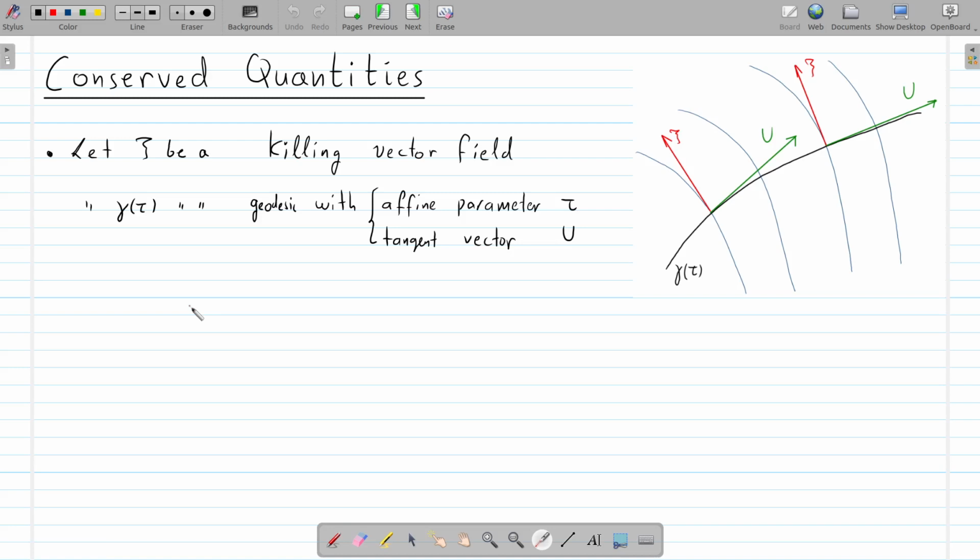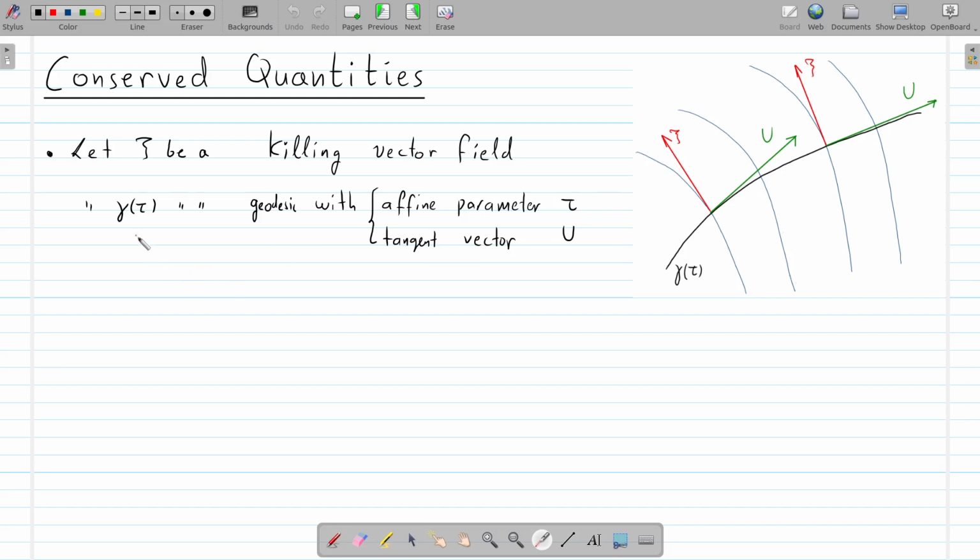As we have already advertised, Killing vector fields are important because they are associated with conserved quantities along the motion of particles on geodesics. To see this, let's consider xi, which is assumed to be a Killing vector field. Here with blue we see its integral lines. So these are the ones that generate the isometries.